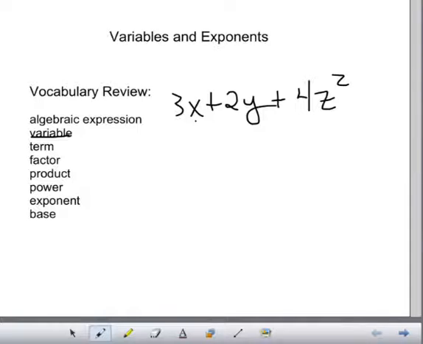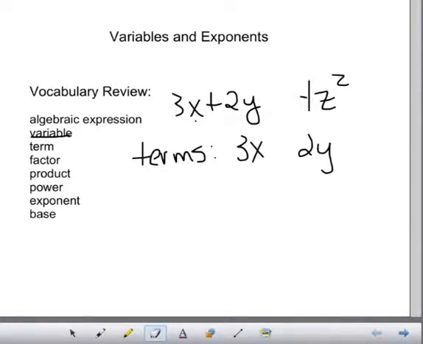Remember a term. Again, this is an important vocabulary word to get in your head. A term is everything in an expression or an equation that is separated by a plus or a minus sign. My terms in this expression that I've written up here would be 3x, 2y, and just for an example, I'm going to change this so you can see it.